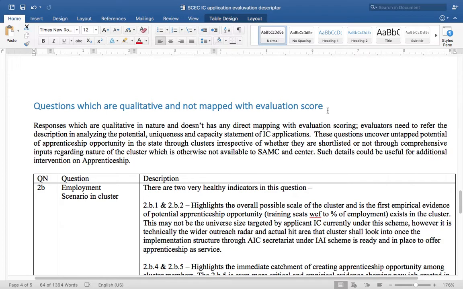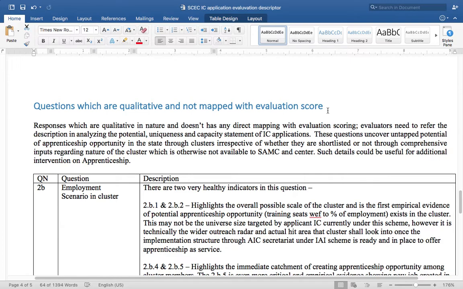If a SCEC considers both evaluation exercises, and through very thorough deliberation, we are quite confident that the applications can be screened in a more informed manner.